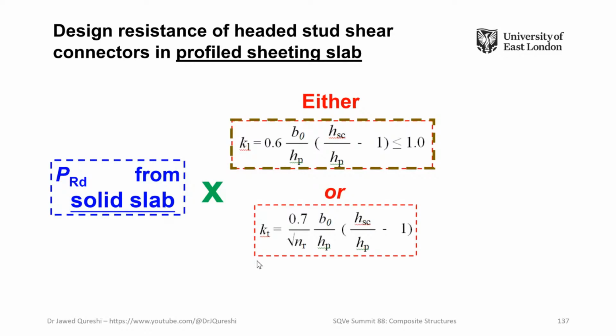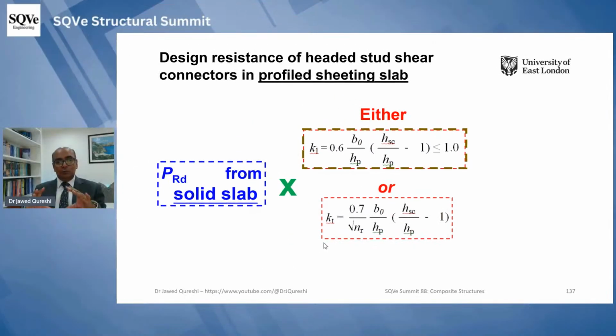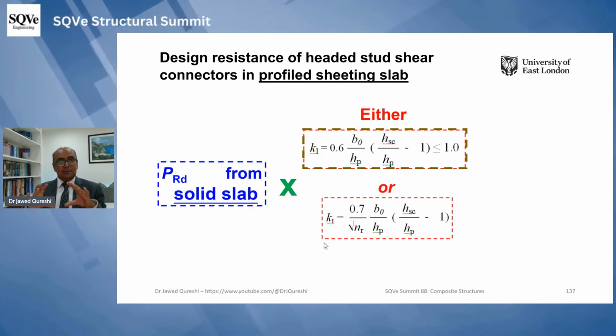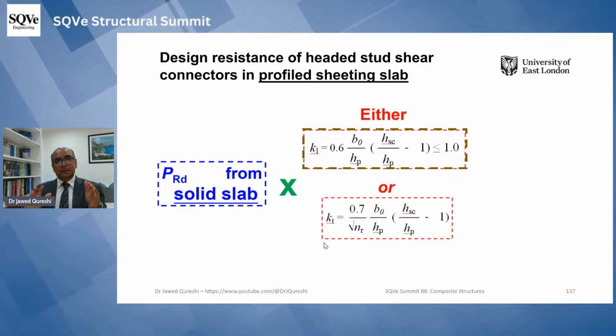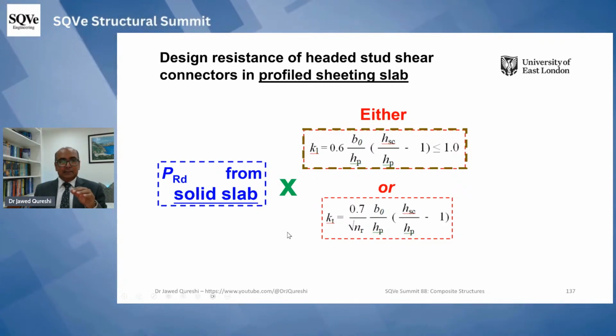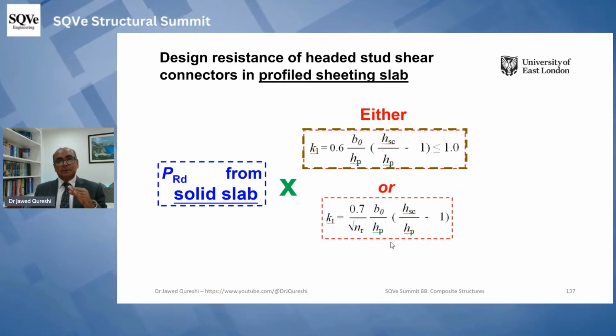Now, once we have these two failure modes, these two design shear resistances, steel and concrete, we multiply them by their respective reduction factors, and then we choose the one where we have the lesser shear stud resistance.